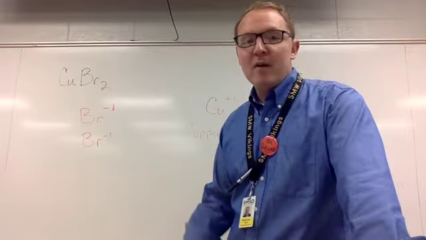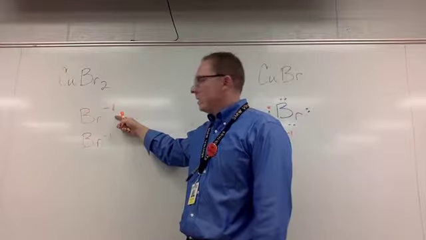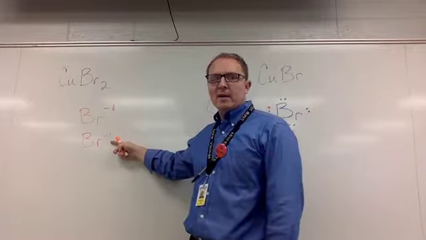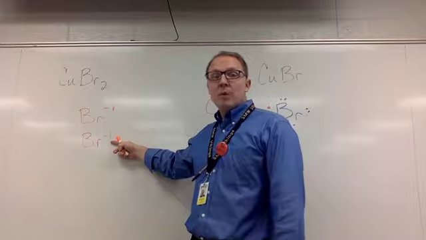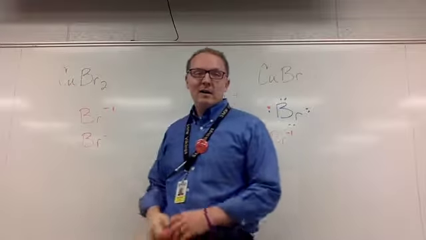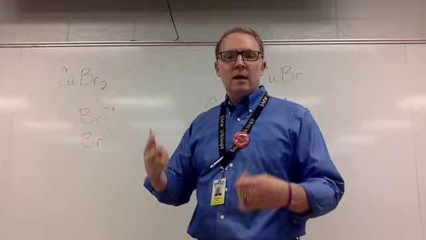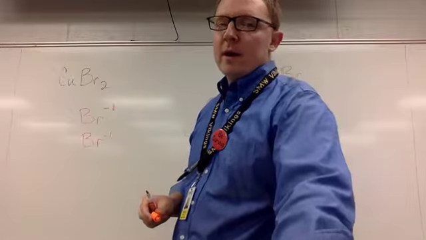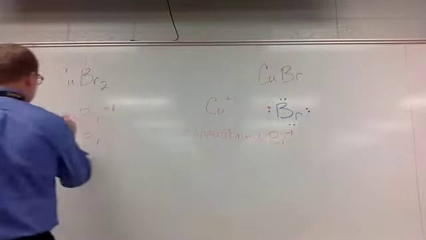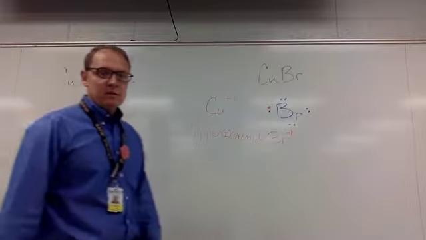In this case, as a matter of fact, this bromide anion got 1 valence electron. This bromide anion got 1 valence electron. Both of them came from copper, but we only have 1 copper cation there, which means this copper had 2 electrons that it was able to give away. So that means this was copper with a positive 2 charge.